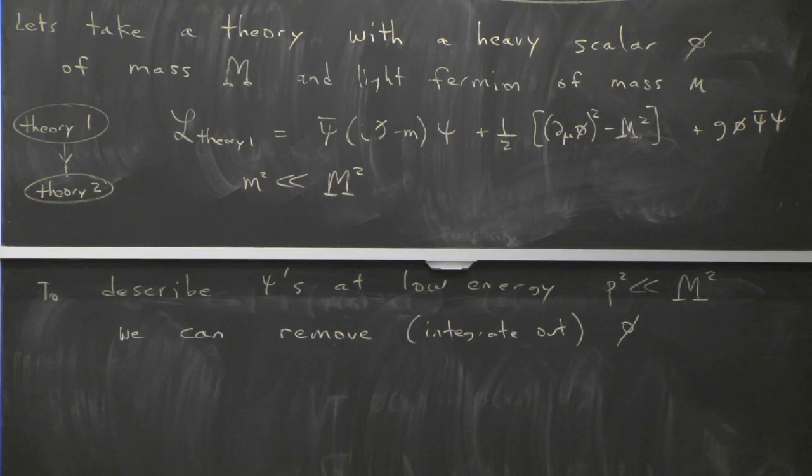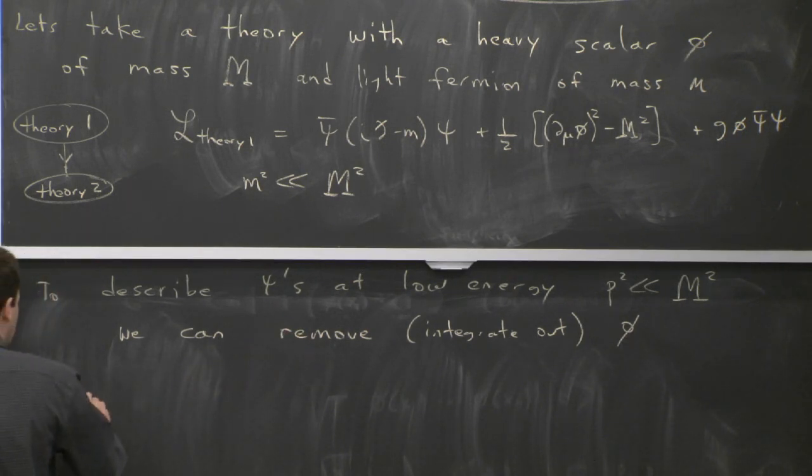So you could just say remove it, or you could say integrate it out. When you say integrate out, the words you're using have a path integral connotation, where you have this in the path integral, and you think about just doing the path integral over that field and removing it. But the words of removing it or integrating it out are synonymous.